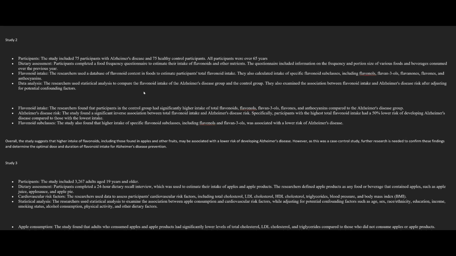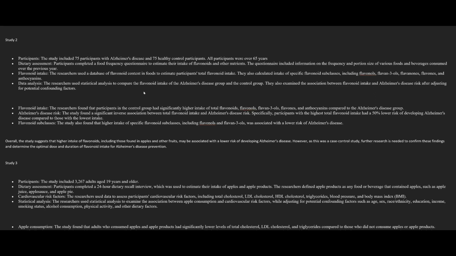Data analysis. The researchers used statistical analysis to compare the flavonoid intake of the Alzheimer's disease group and the control group. They also examined the association between flavonoid intake and Alzheimer's disease risk after adjusting for potential confounding factors. Flavonoid intake. The researchers found that participants in the control group had a significantly higher intake of total flavonoids, flavanols, flavan-3-ols, flavonoids, and anthocyanins compared to the Alzheimer's disease group.